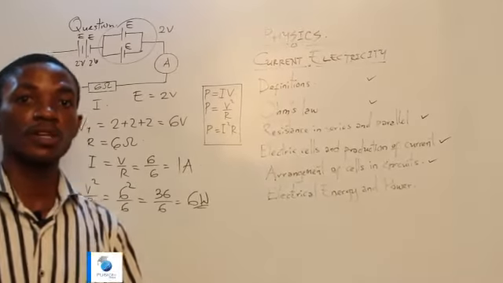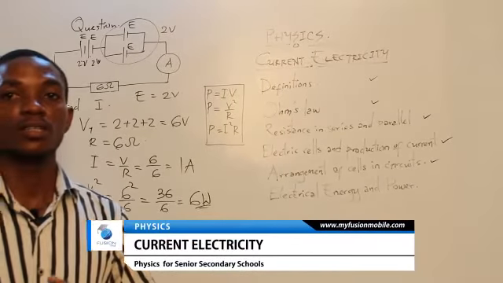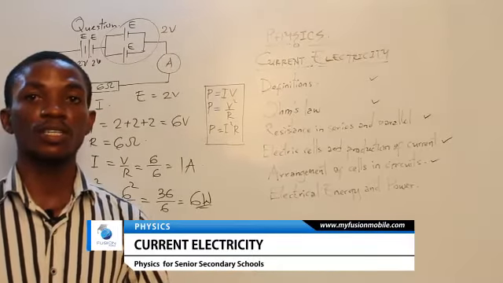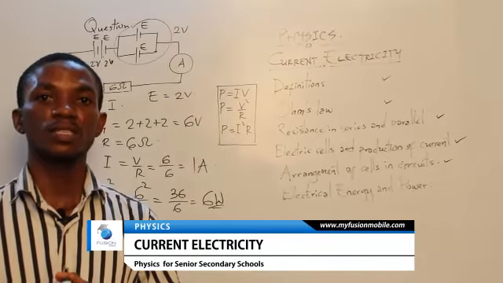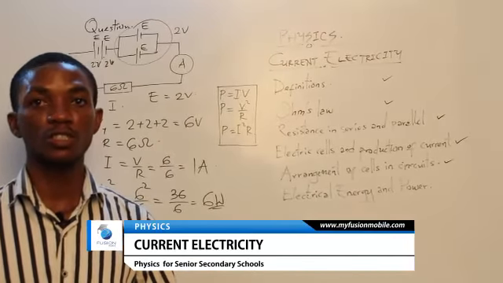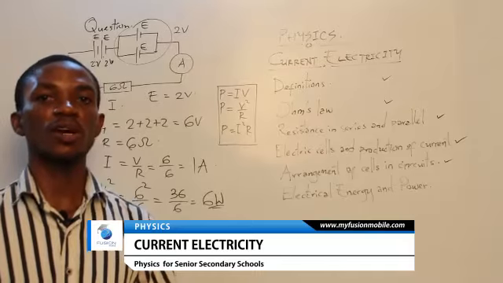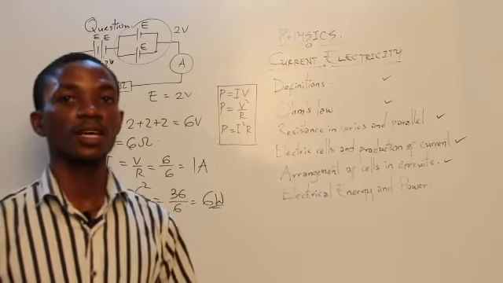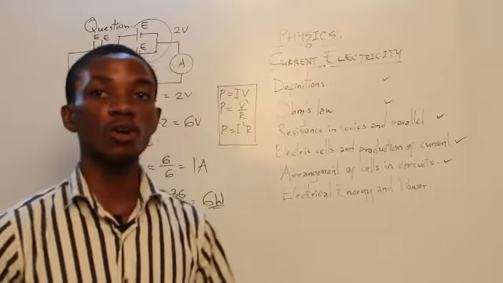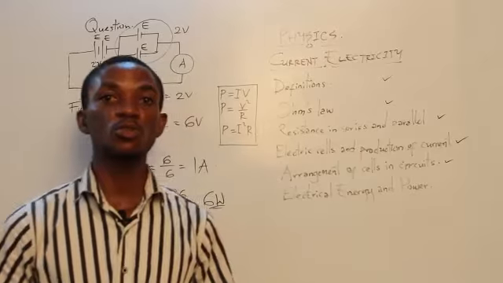In this topic, we've spoken about current electricity. We defined what current is as the time rate of flow of charge. We also defined voltage, which can also be described as potential difference, as the amount of work done when a charge flows through a circuit.